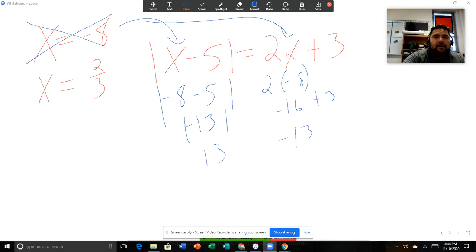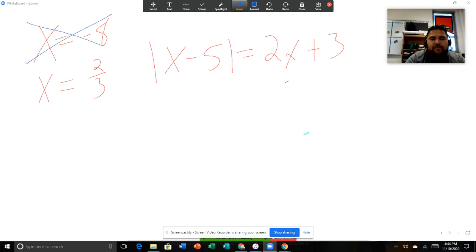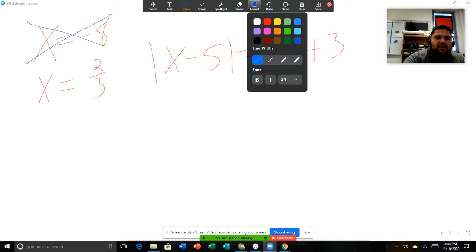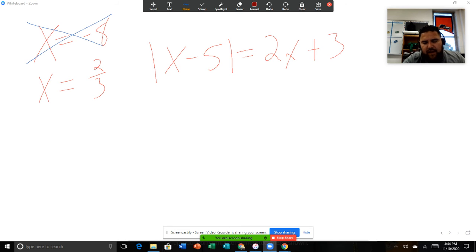So I plugged the negative 8 in, and that's not a solution. I'm going to go ahead and try the 2/3. I plug the 2/3 in for x. Here I have 2/3 minus 5, and that's the absolute value.